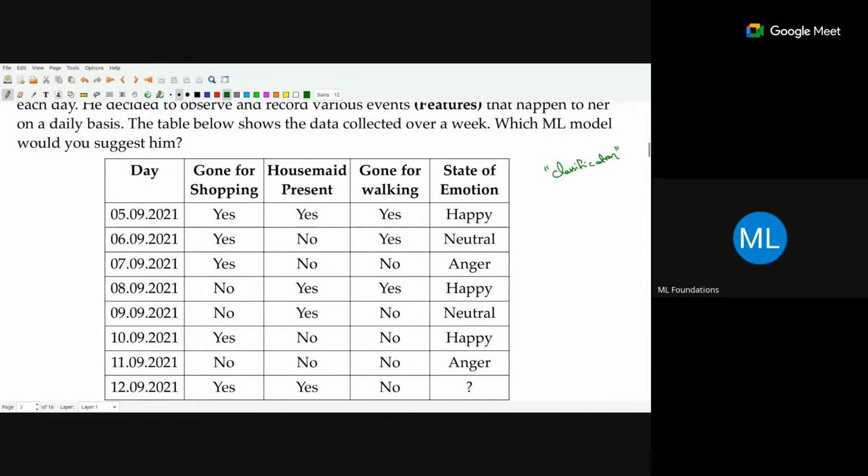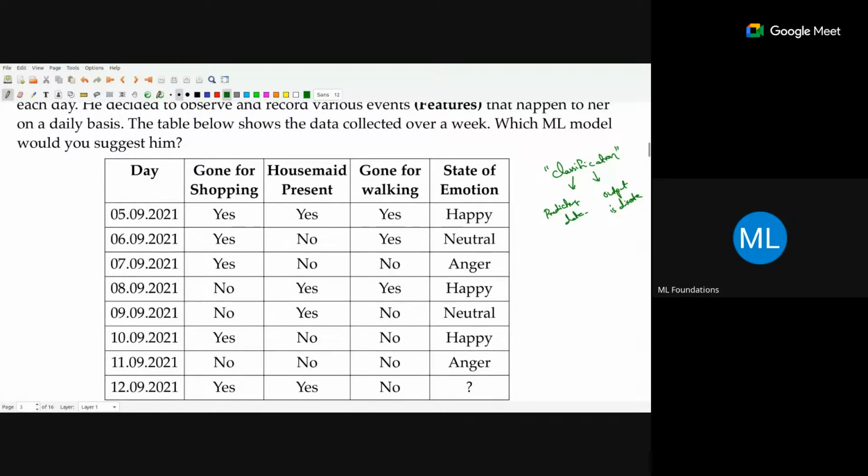Your output is classified into some set of three here: happy, neutral, anger. So your prediction is not real; it could be discrete, -1, 0, and 1. That is a discrete output, and this is also predicting data. If you are going to predict data and your output is not real, or your output is discrete, let me put it in this.